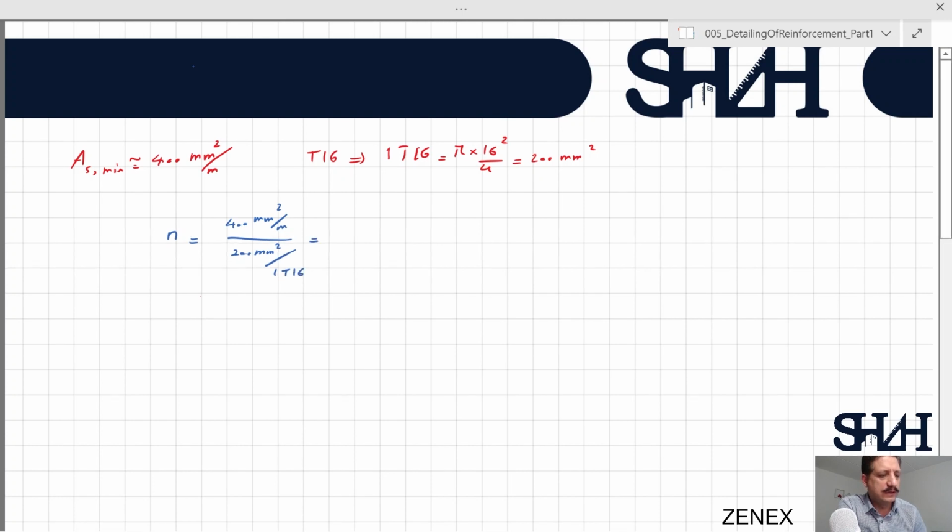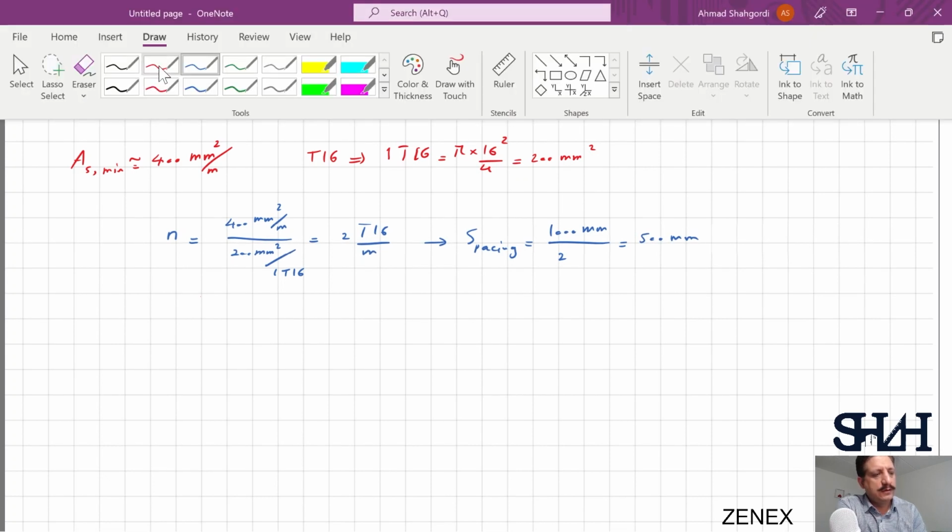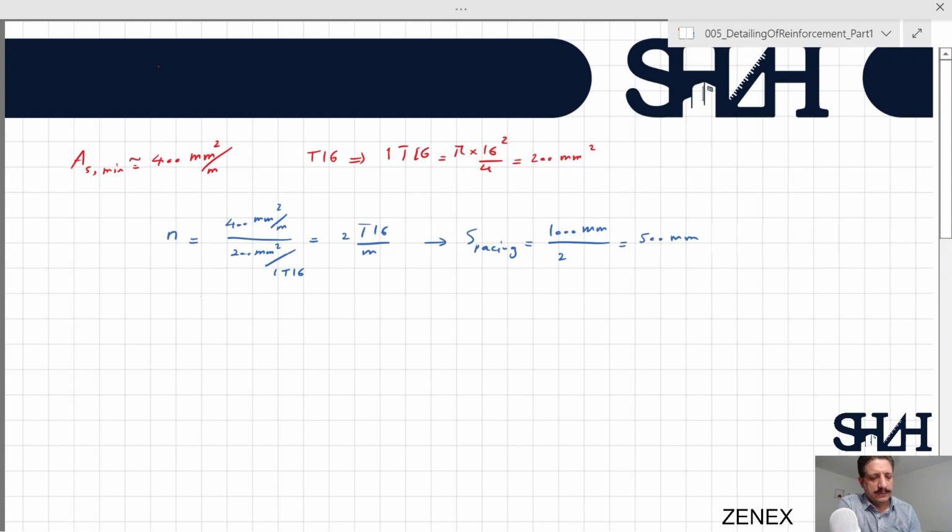So we can see that we need 2 T16 per meter, meaning 2 reinforcement in every meter. Usually we calculate the spacing by dividing 1000 millimeter by the number that we calculated, 2 T16, so it will be 500 millimeter. So up to here, fulfilling the minimum reinforcement, we can use T16 every 500 millimeter.